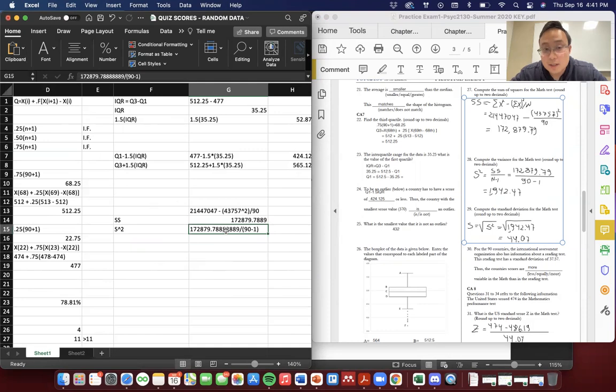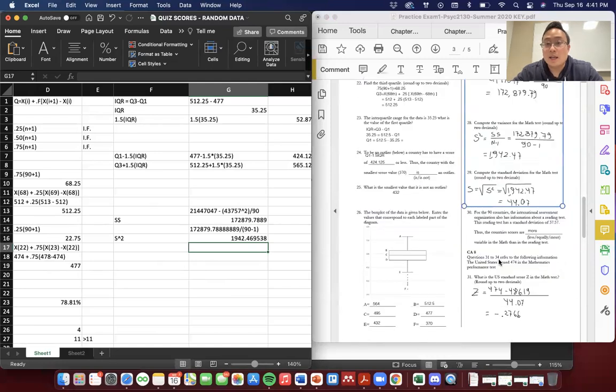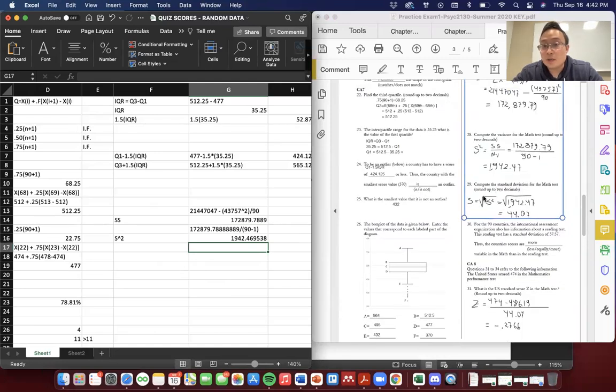Right? So that is our sum of squares right there. And that is right. And then our standard deviation is just s. So it's the square root of our variance.